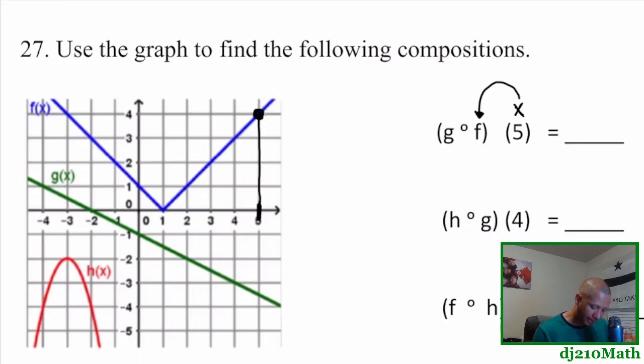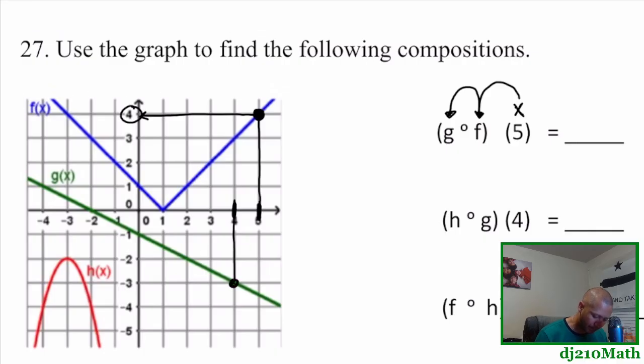I hit f at this point. What y value is it? Oh, look, it's 4. That 4 is the new x input. So x equals 4. And I need to go towards g. This time it's going to be down.